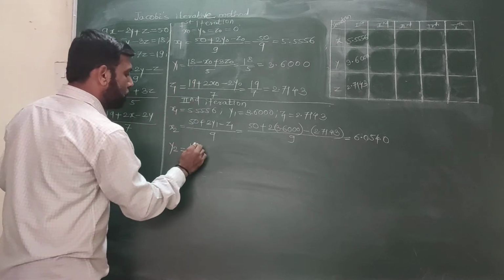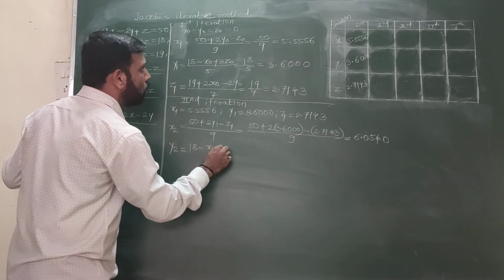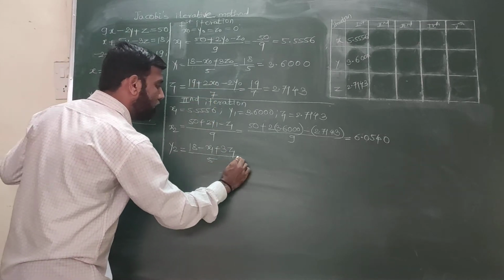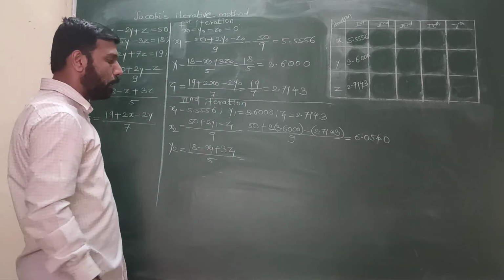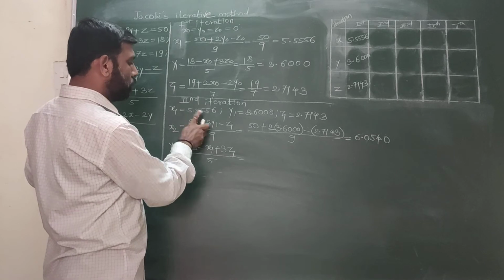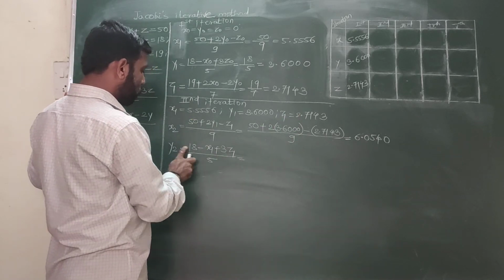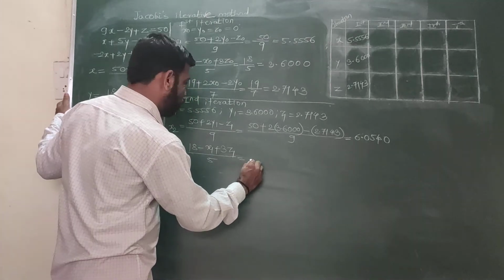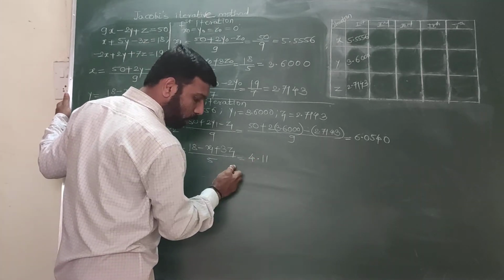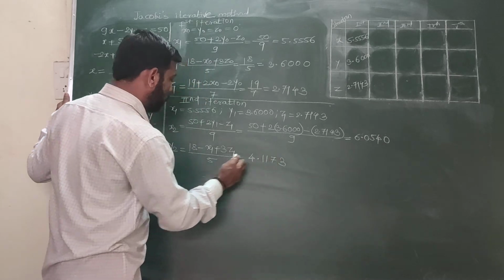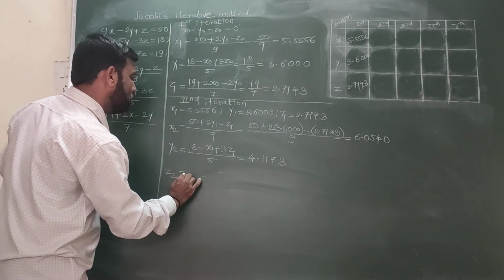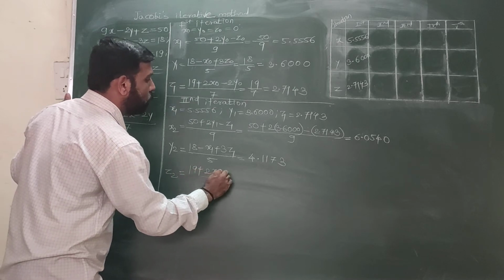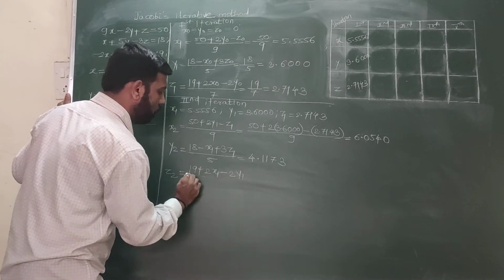y2 is 18 minus x1 minus 3z1 upon 5. Now you put in your values of x1, z1 and calculate, then y2 is 4.1173. z2 is 19 plus 2x1 minus 2y1 upon 7.